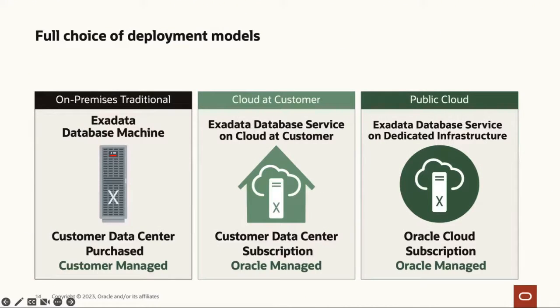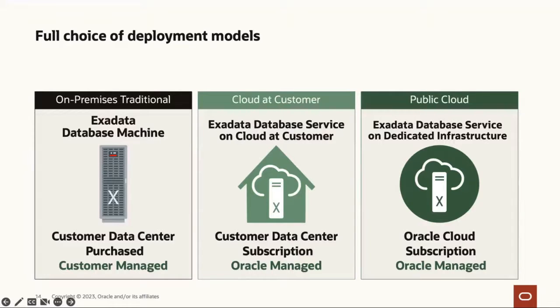Starting from the left-hand side, you have on-premise. So in that case, we send you the box. You put it in your data center. It's yours. And then in the middle, we have Cloud at Customer. And lastly, we have public cloud.